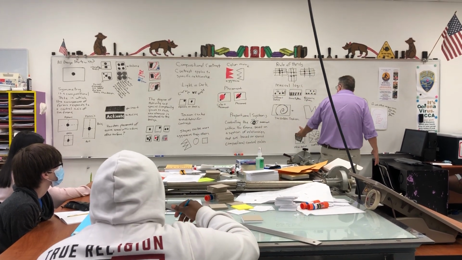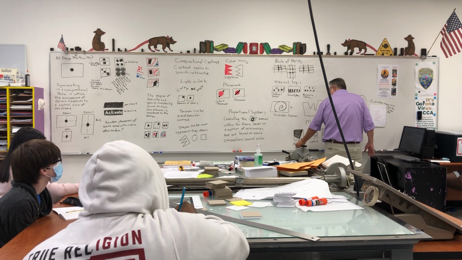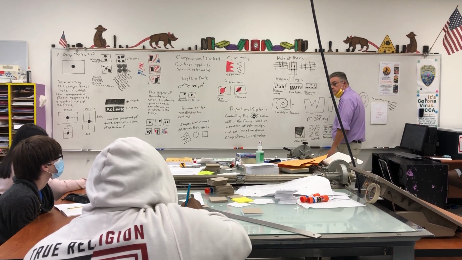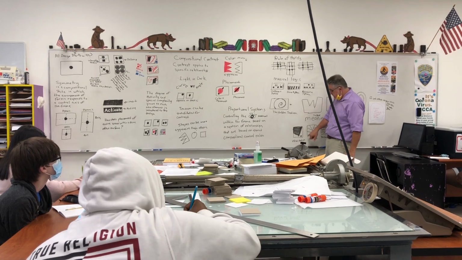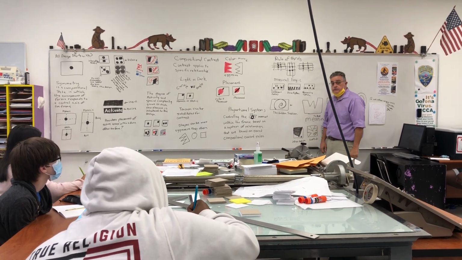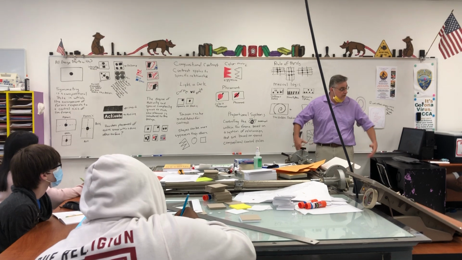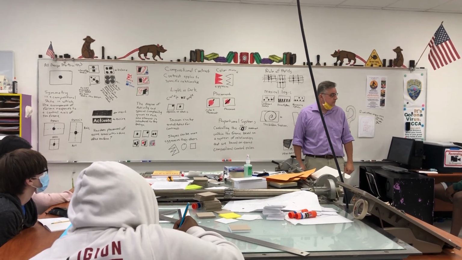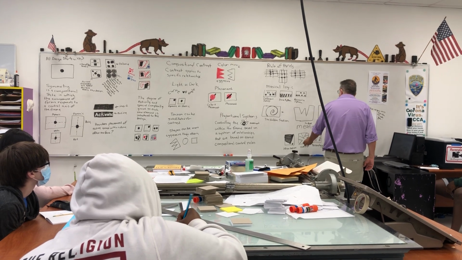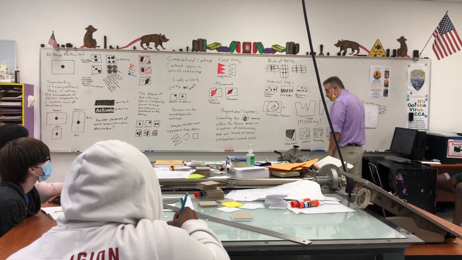So, just by shape, we can create a feeling of intimidation. Big old black box, little old black box. The size and the placement is intimidating. We can create conflict.